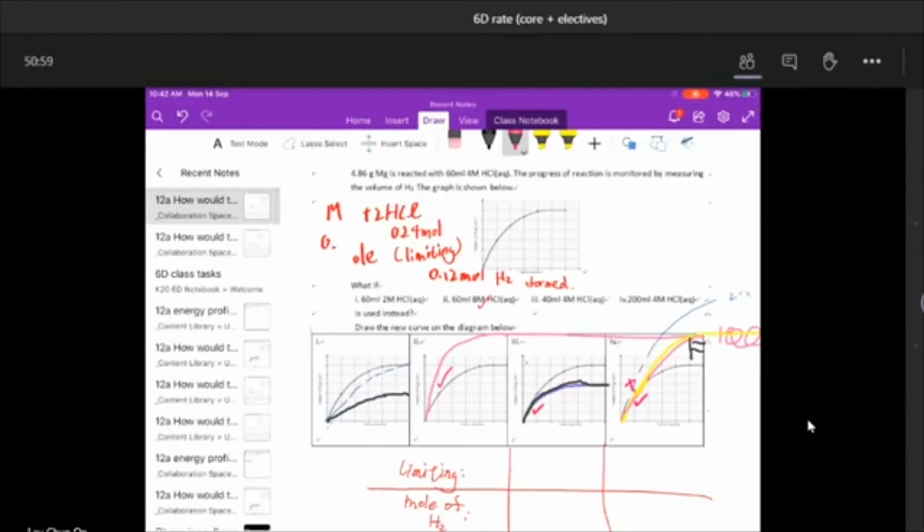If you do the mole calculation for the second scenario for HCl, it should become 0.48 mole. And in that case, originally it is the limiting reagent. However, in the new scenario, it will become in excess because only 0.4 of it is needed. So the new limiting reagent will become Mg. And then 0.2 moles of hydrogen will be formed.